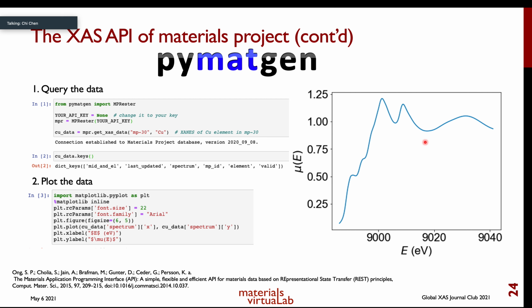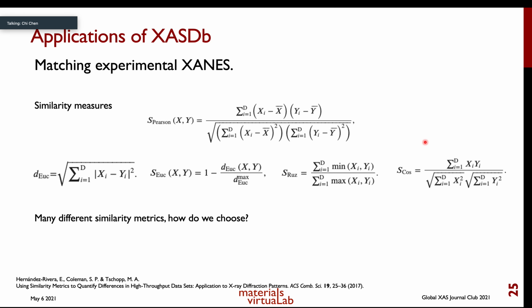For example, downloading the copper XANES spectrum can be as easy as just one line of code. Then you can plot the data in your notebook or whatever you like. This is a pretty convenient way to get the data, to do a quick visualization or a quick comparison to your experimental data.